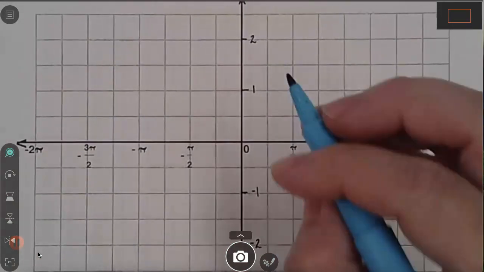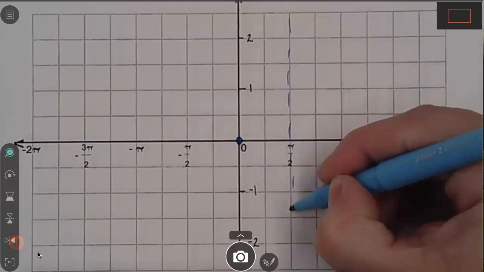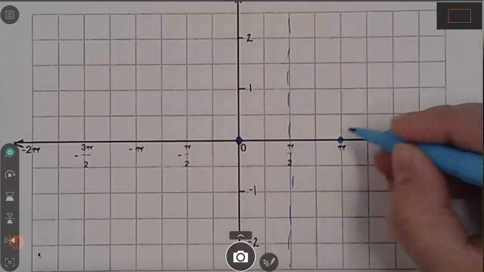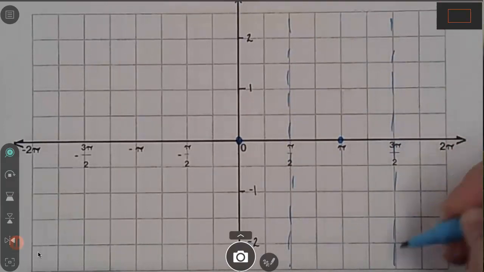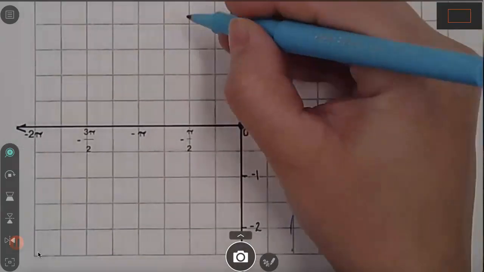That means tangent of 0 is 0, tangent of pi over 2 has an asymptote, tangent of pi is 0, tangent of 3 pi over 2 has an asymptote, and 2 pi is 0. And the same thing repeats on the other side.